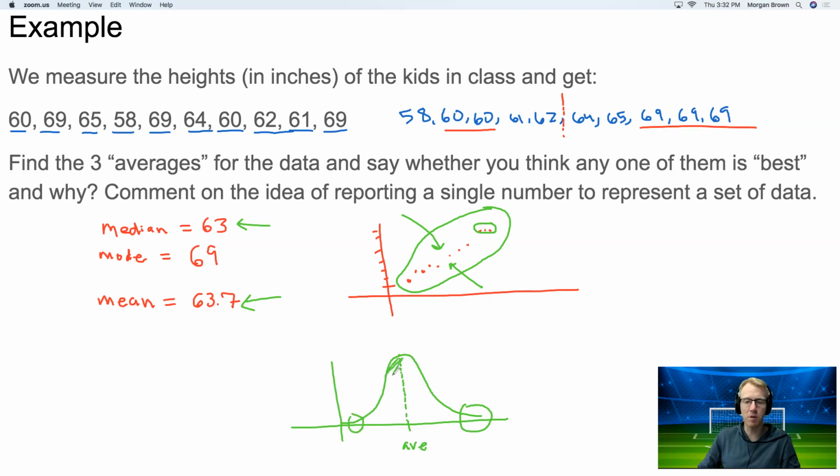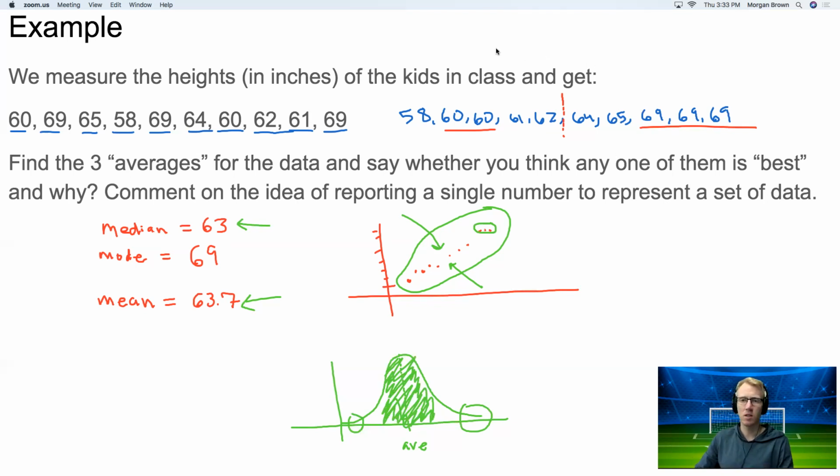And the majority of people are average or close to average. So this is called a normal distribution or a bell-shaped curve. It's in the science behind a lot of standardized testing. And you'll learn more about this later on as you advance through mathematics. If you're interested in learning more about it, certainly come talk to me. But for now, we're just focusing on these three averages, mean, median, and mode.